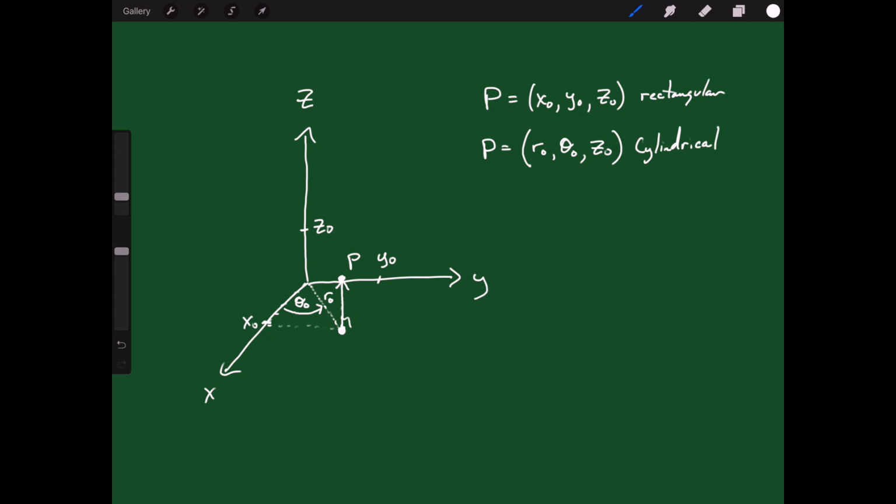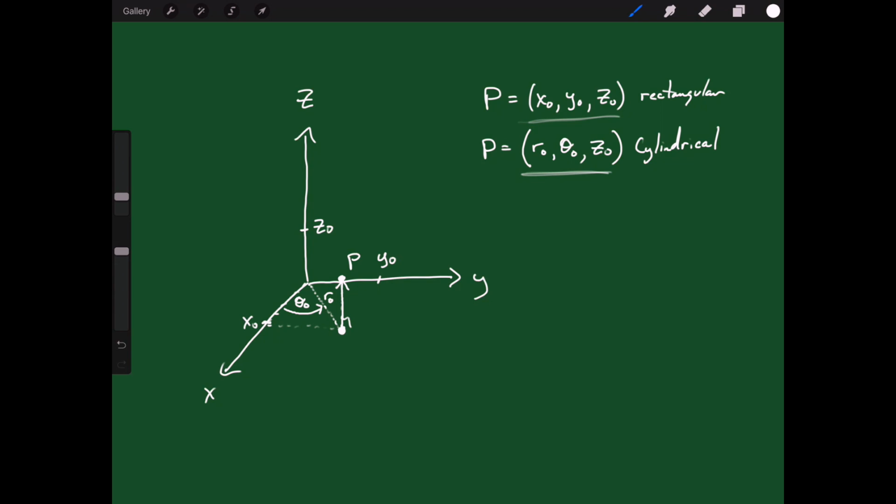So this is its cylindrical coordinate. It would be represented as x0, y0, z0 in rectangular, and r sub 0, theta sub 0, z sub 0 in cylindrical. So notice that the z coordinate is the same in rectangular and cylindrical. Nothing changes in the z direction.